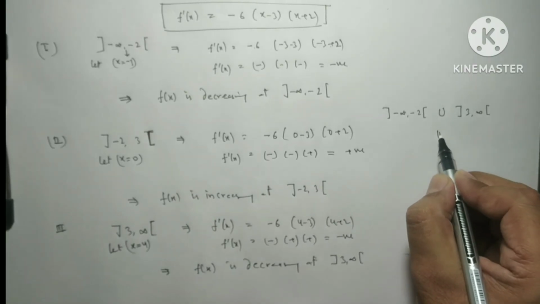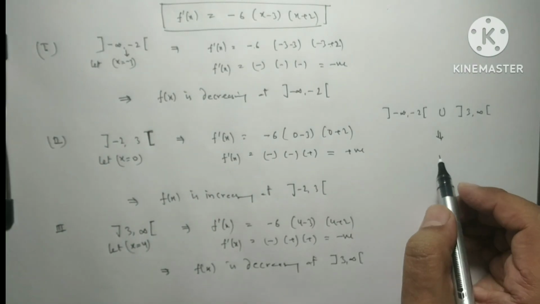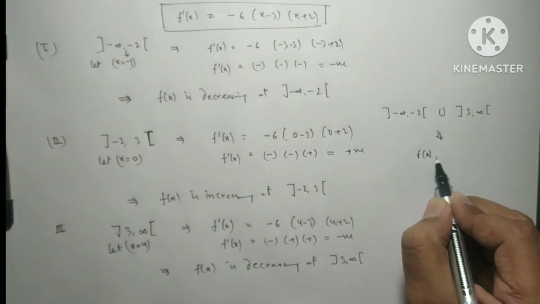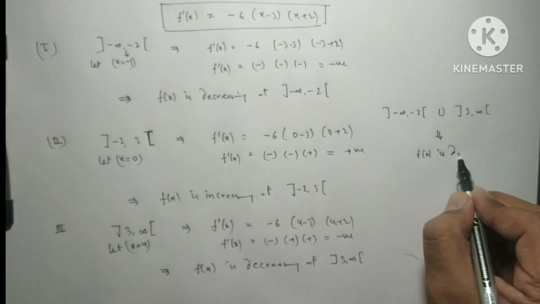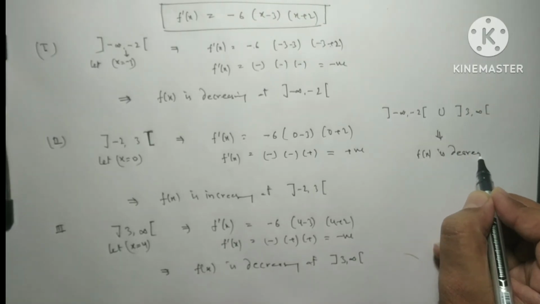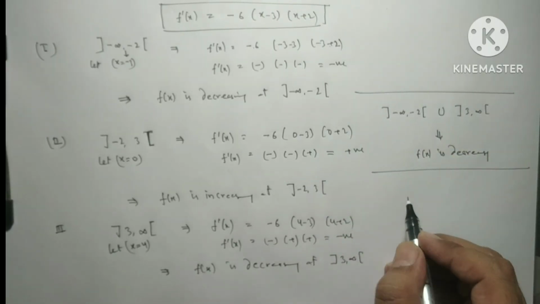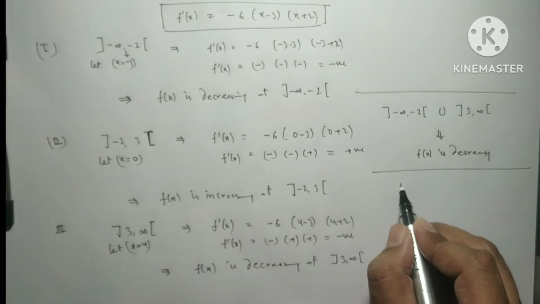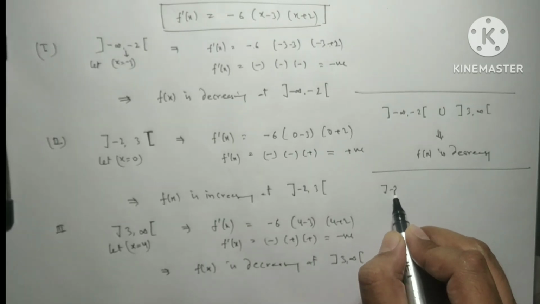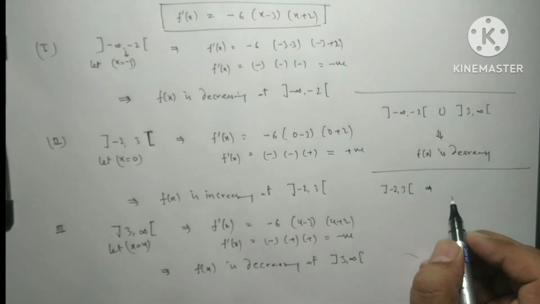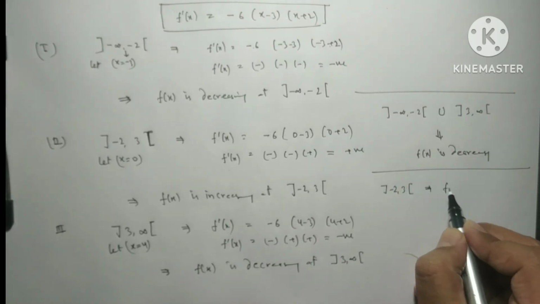On these two intervals the function is decreasing. And at minus 2 to 3, f dash x is positive, so the function is increasing.